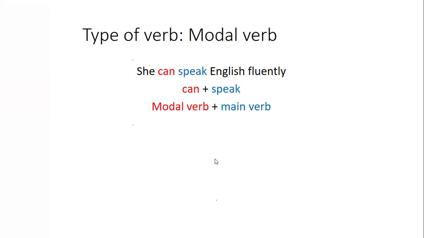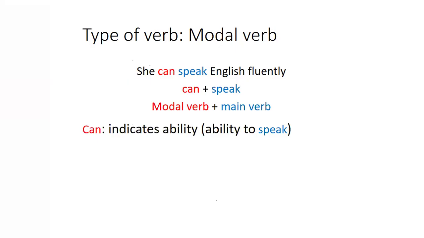And can is our modal verb. Now, what does can indicate? Can indicates that she has an ability to speak. She could speak. She can speak. Right? Can, could, shall, should. These are all modal verbs.